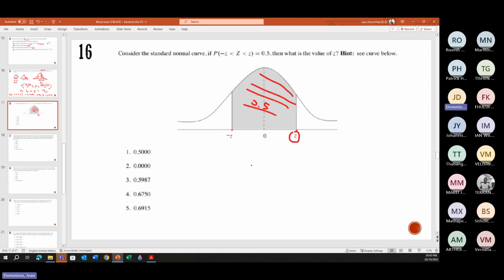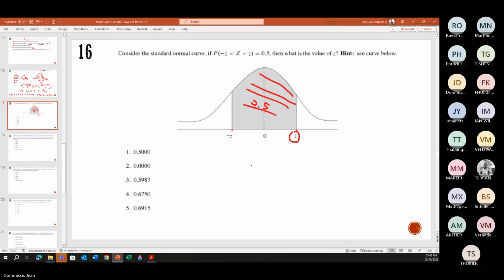Okay, cool. So how would you? Okay, you're going in the right direction. So not 0.5, but as I remember, if this is 0.5, here's going to be a 0.25.